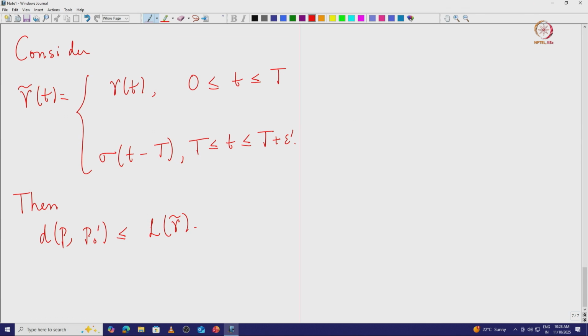The length of gamma tilde is actually equal to t plus epsilon prime, because gamma is minimal up to... sorry, it's basically a unit speed curve for time t plus epsilon prime. So, the length of gamma tilde is going to be t plus epsilon prime.